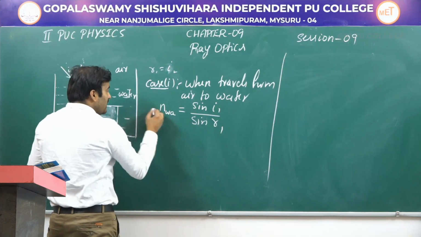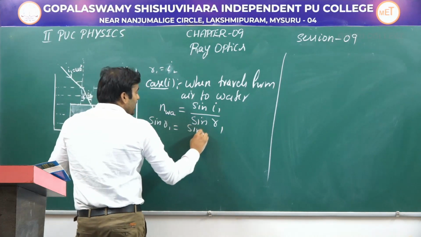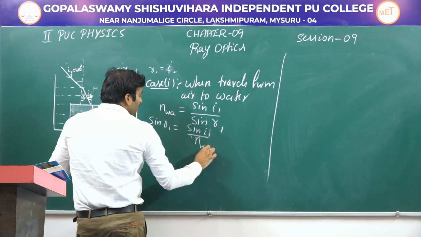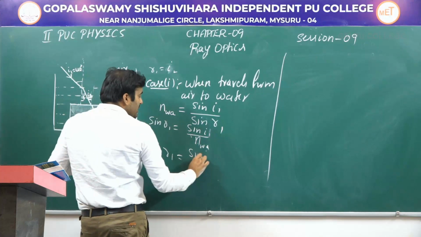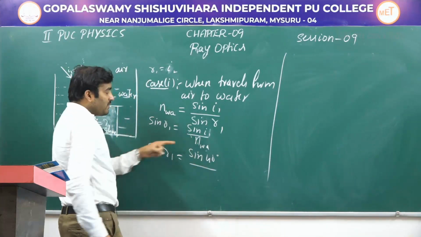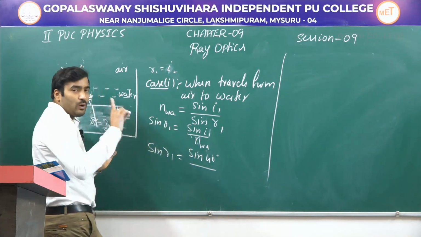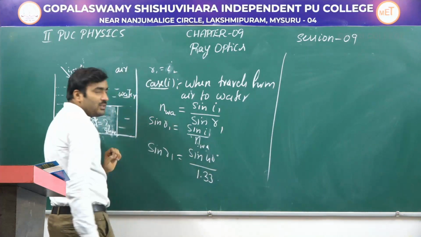So sin R1 is equal to sin I1 divided by NWA. So sin R1 is equal to sin 40 degrees divided by NWA. NWA is nothing but refractive index of water with respect to air, which is given as 1.33, which is the absolute refractive index.